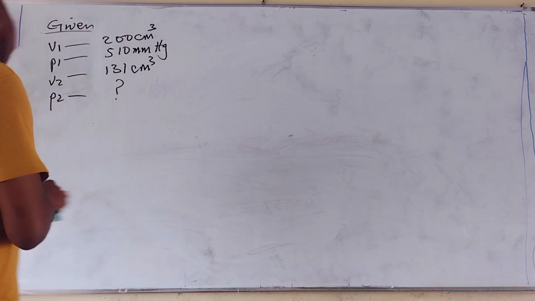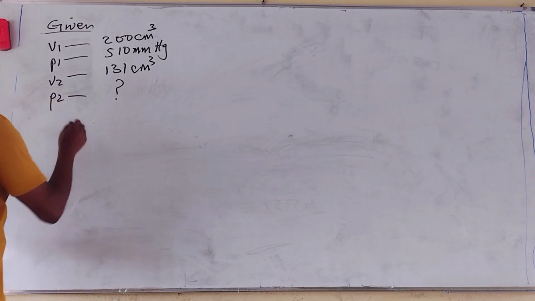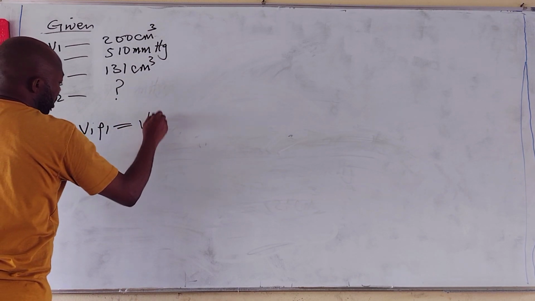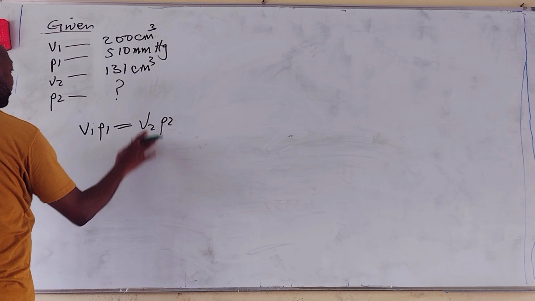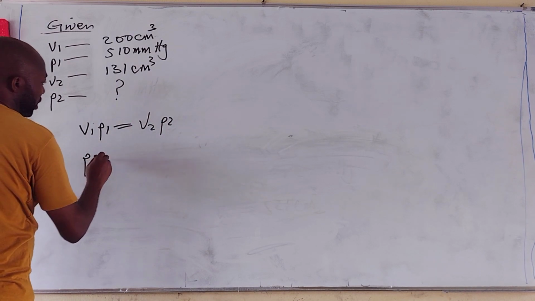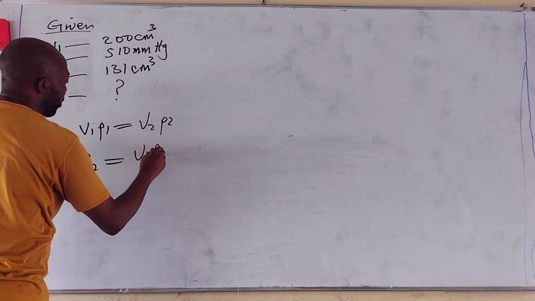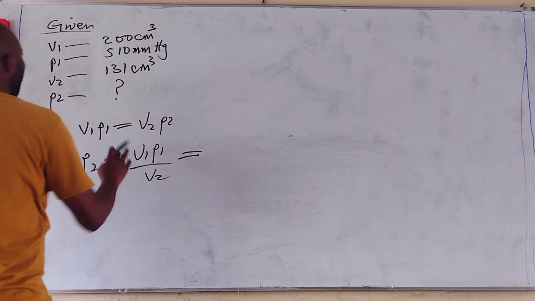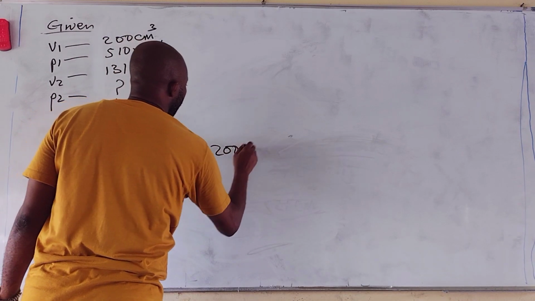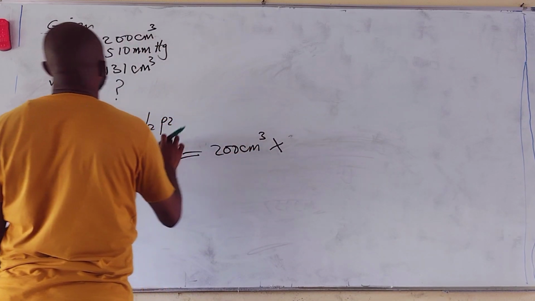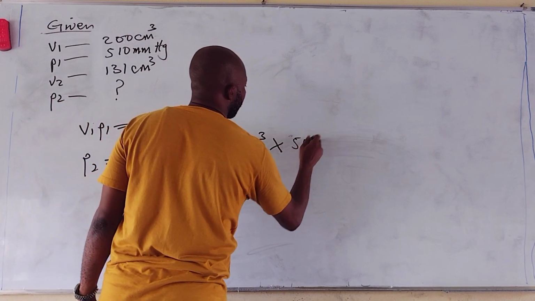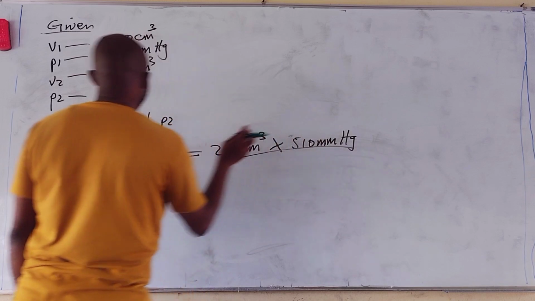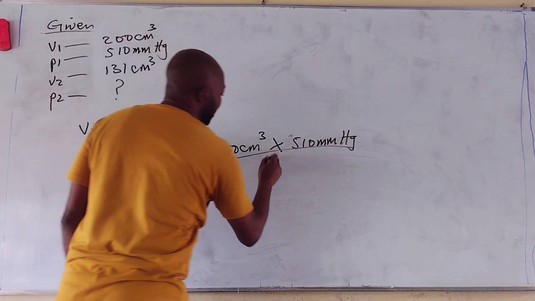So we have this now. Back to our formula, V1 P1 equals V2 P2. We're looking for P2 now. So P2 is equal to V1 P1 over V2, which is V1 is 200 times P1 is 510 over V2 is 131.